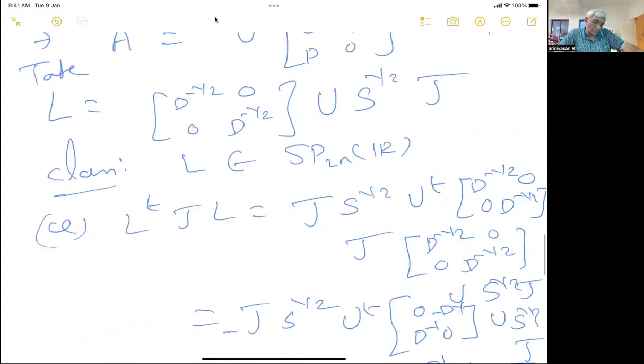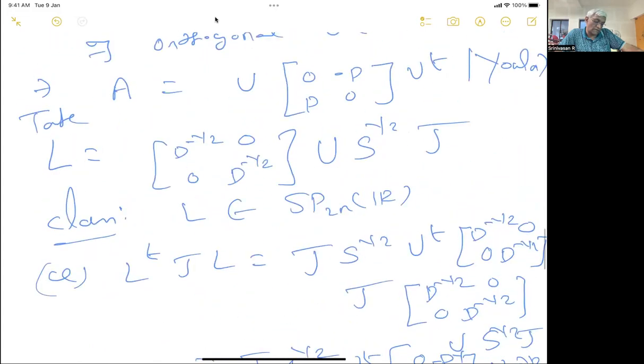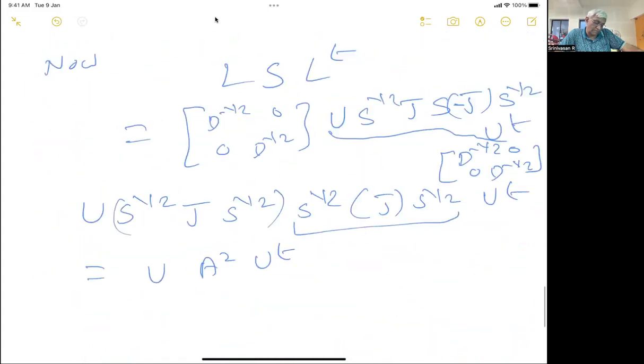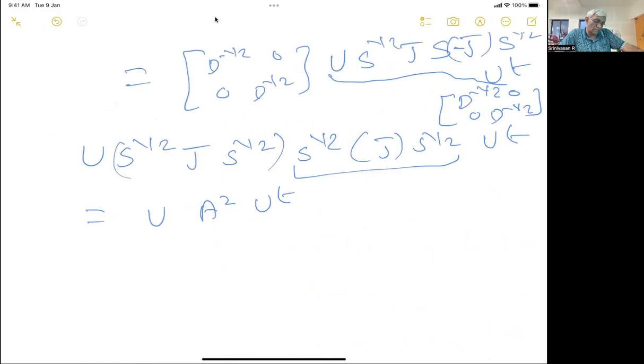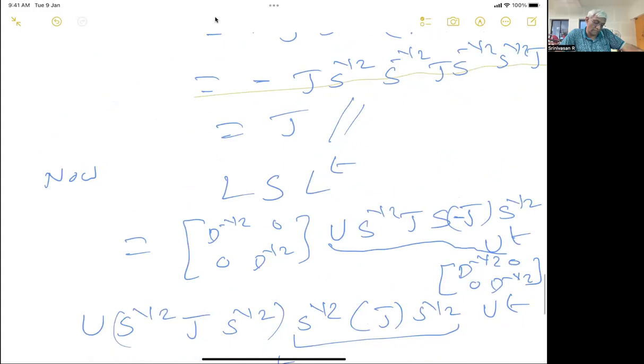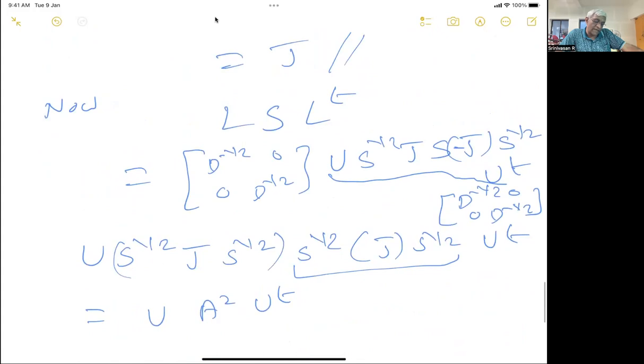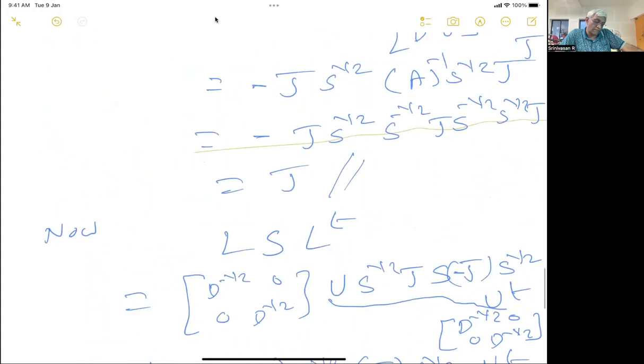Should I use u transpose then? If I take L transpose, what will happen?